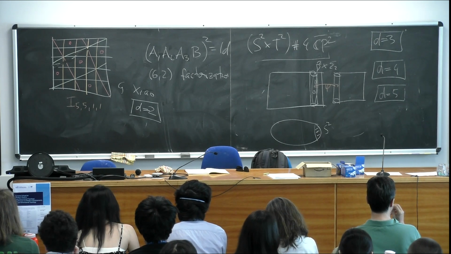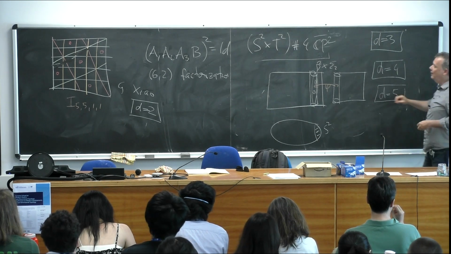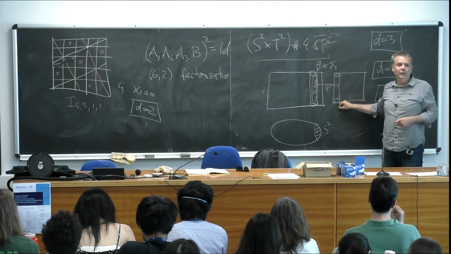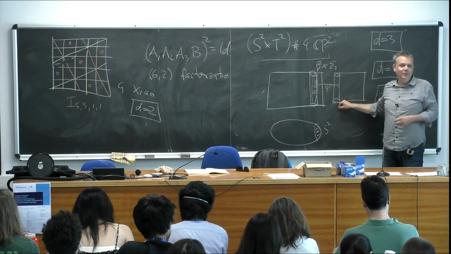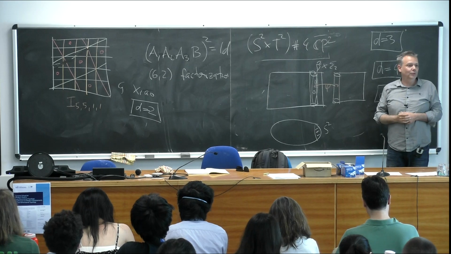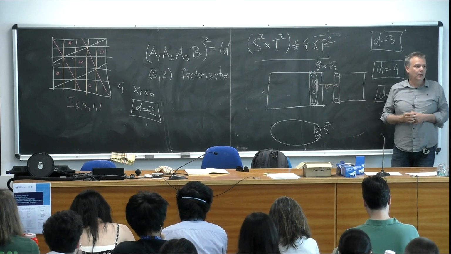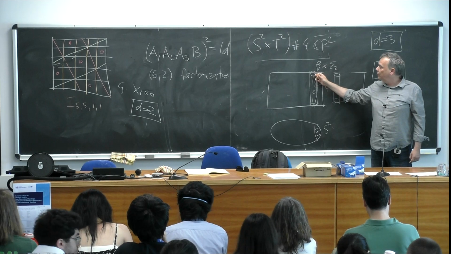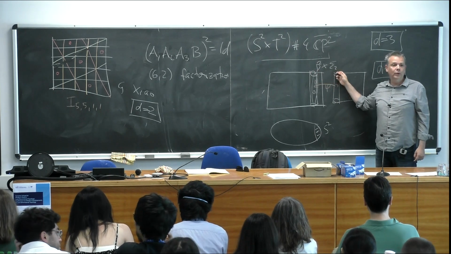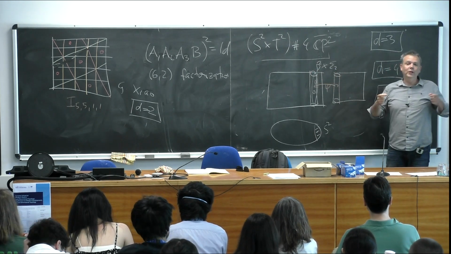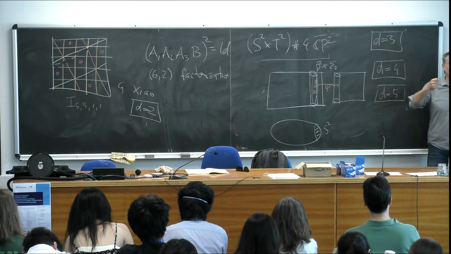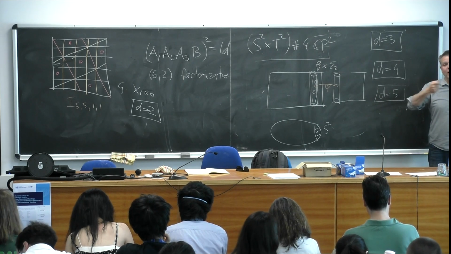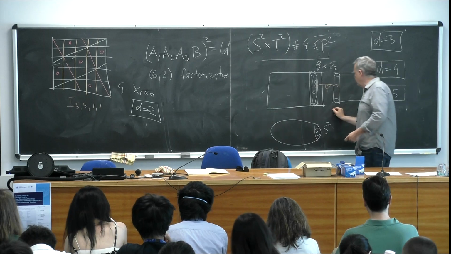And you can identify this genus 2 surface with that genus 2 surface any which way you want, say with a symplectomorphism, for example. And then you can extend this to a diffeomorphism between S1 cross sigma 2 and S1 cross sigma 2, not doing anything exciting on the S1 factor, just reversing the orientation on them. And then you can do the fiber sum. So this is called fiber sum.